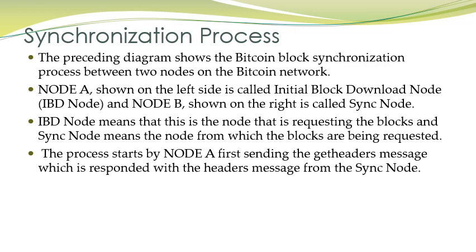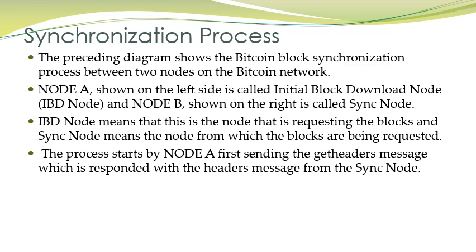This process will be started by node A. Node A will request the copy of the ledger by using the get headers message. Then the sync node will reply with the headers.